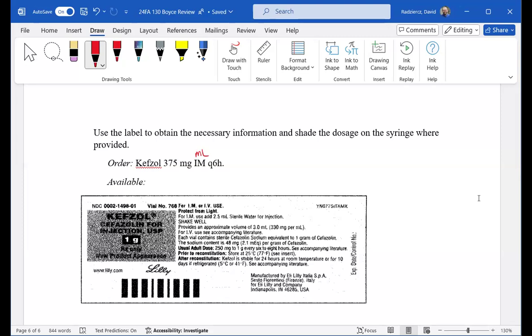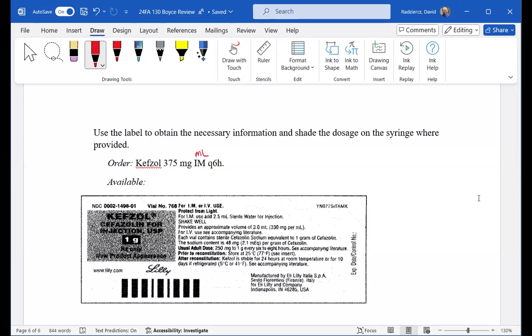Then you look at your label. Now, in a typical parenteral medication, like you've had last semester, you probably saw a heparin question or a Dilantin question, where it tells you 250 milligrams per milliliter.